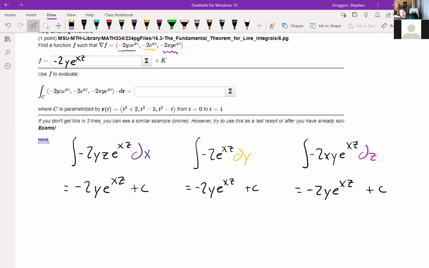The concept at play here is that if I am integrating through a conservative vector field, the path that I choose to integrate along does not matter. Any path I take in a conservative vector field will end up being my function evaluated at the final point minus my function evaluated at the initial point.